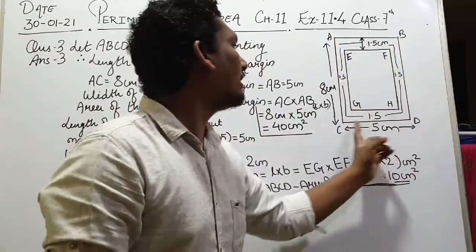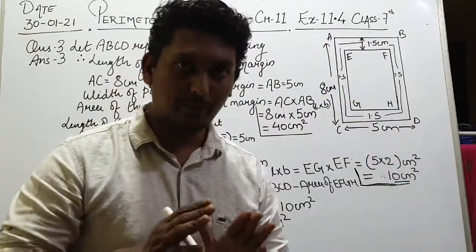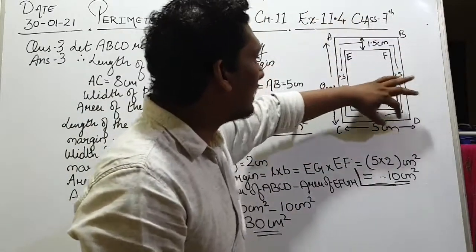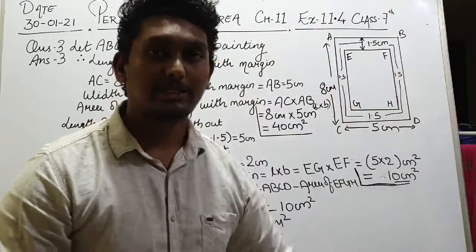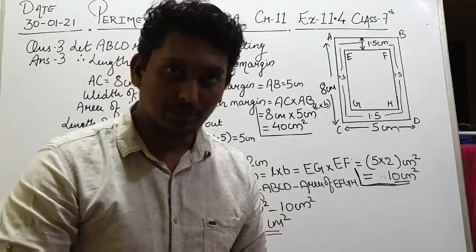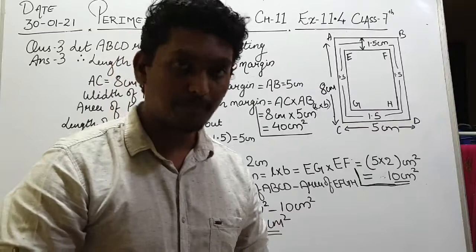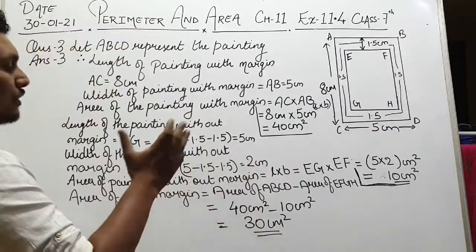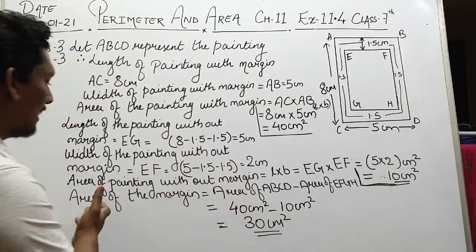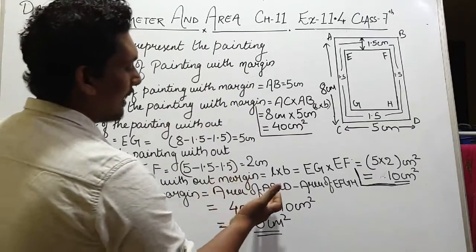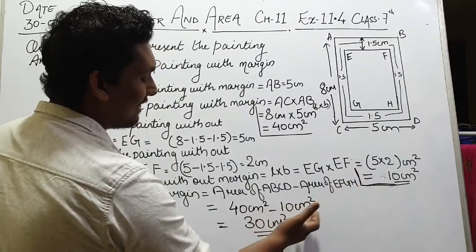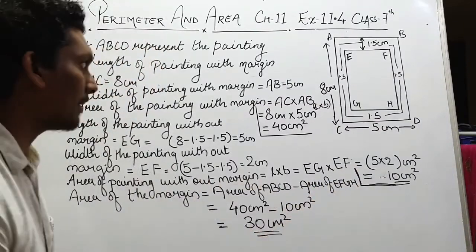Since whole cardboard is used for painting, and after that this much portion is reduced, that's why we have subtracted in this question. We have subtracted the units here. So final area of the margin, that is area of ABCD minus area of EFGH, you will get 40 minus 10, that is 30 centimeters square.